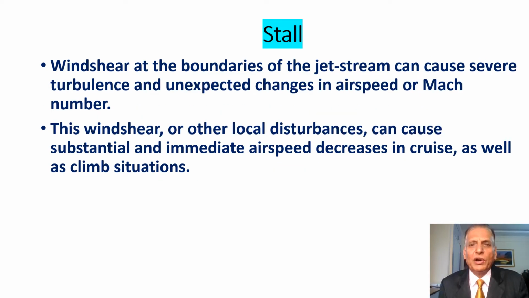Wind shear at the boundaries of the jet stream can cause severe turbulence and unexpected changes in airspeed or Mach number. This wind shear or other disturbances can cause substantial and immediate airspeed decreases in cruise as well as in climb situations.